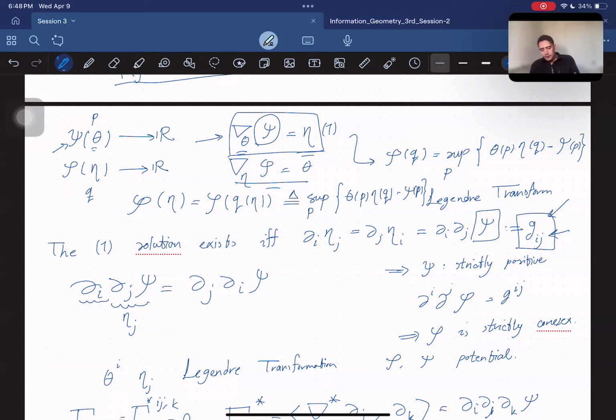This is not magic, of course, because if you, for example, find the supremum of this, you need to take the derivative with respect to theta. If you take the first derivative, it would create eta q, and the second one is nothing but this.